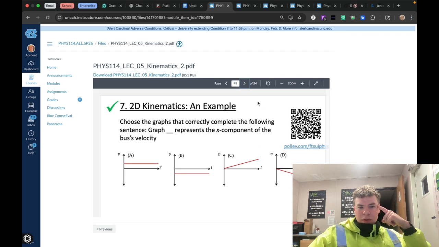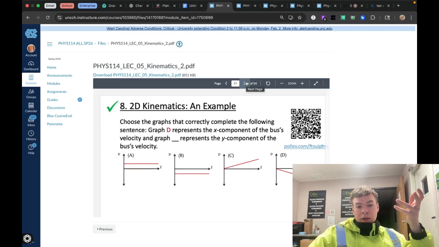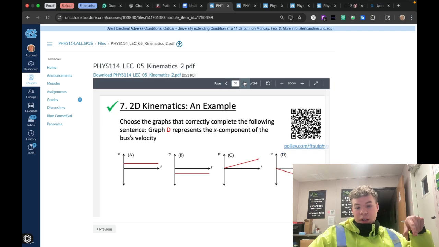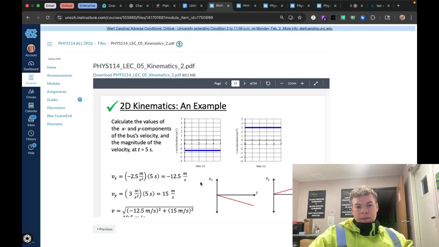So D would be the correct answer for the x component of the bus's velocity. And then the y component is increasing in the positive direction, so it will be C, because C is the only one that has an increasing velocity, because A and B are constant velocities. Yep, so C.